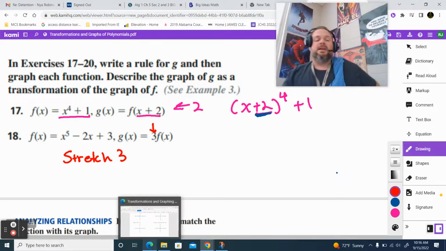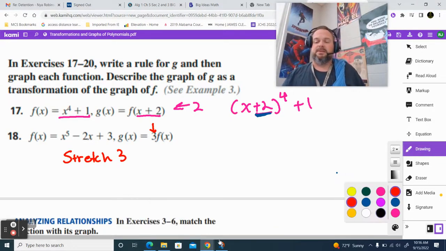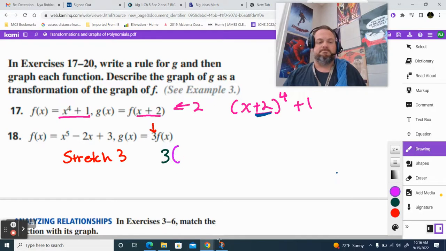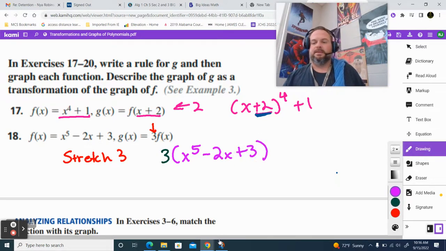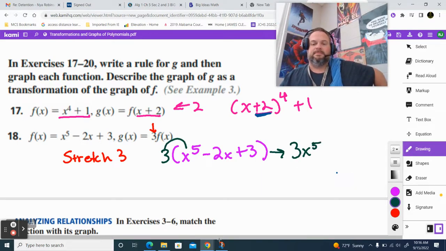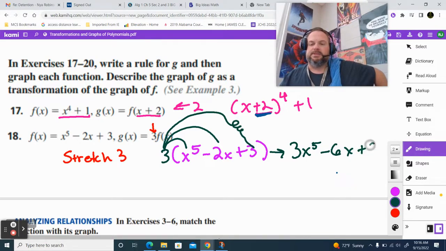So basically what we would need to do now is take 3 and multiply it by this original problem. So 3 times this, 3 times this, and 3 times this, which is 9.